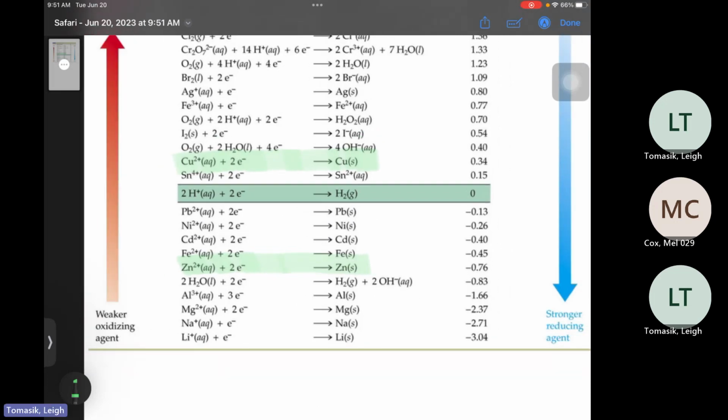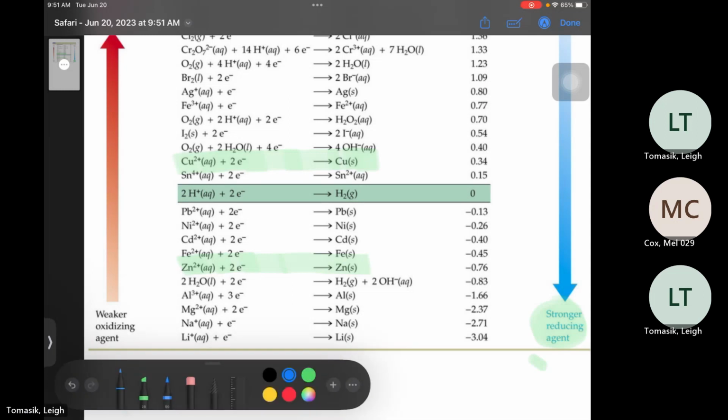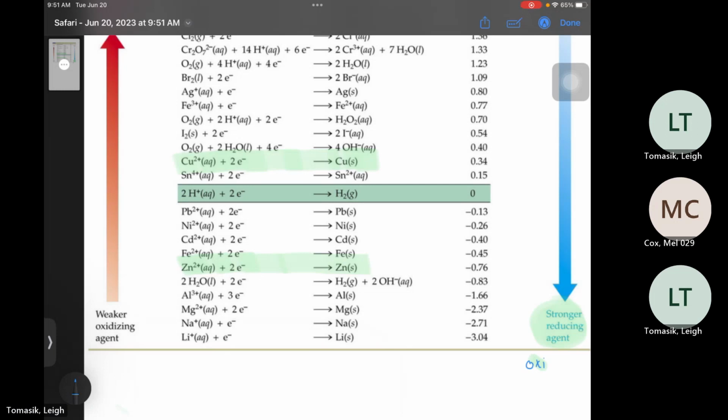The bottom is for stronger reducing agents, and reducing agents are things that oxidize more easily. So we can see that because zinc is towards the bottom, zinc will oxidize more easily.